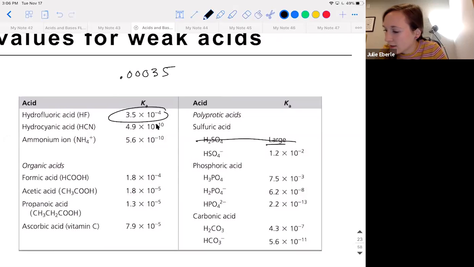This is actually a strong acid. Okay, so we won't consider H2SO4. Any guesses? Which one's the strongest?